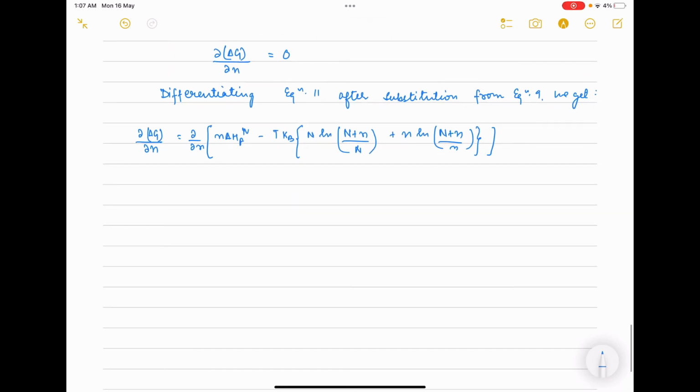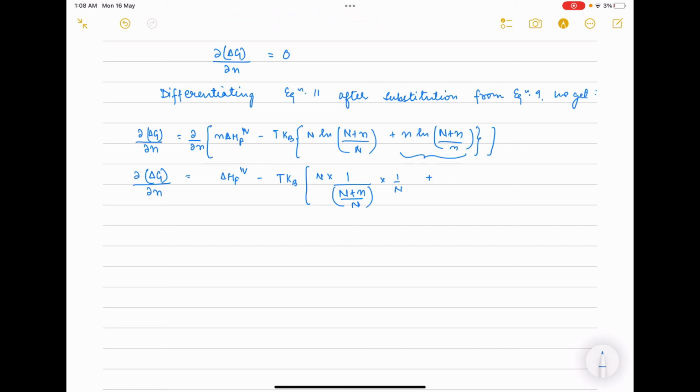Okay, so after differentiation with respect to n, the number of vacancies, we get delta HF 1v minus T kB. For the ln term, it becomes N into 1 by (N plus n) plus... For the second term, it is by parts.